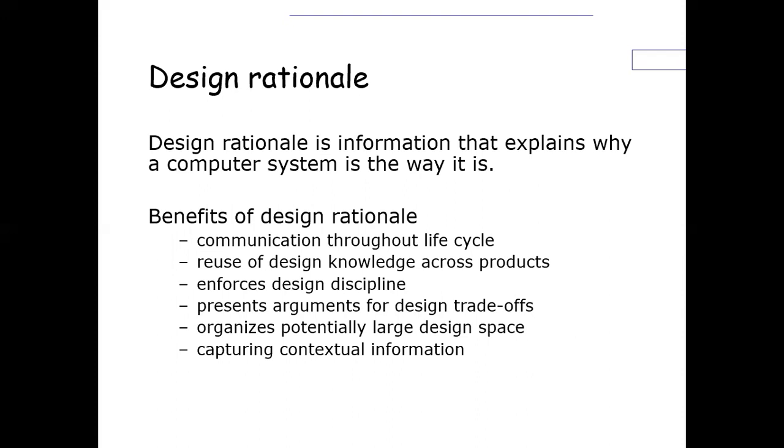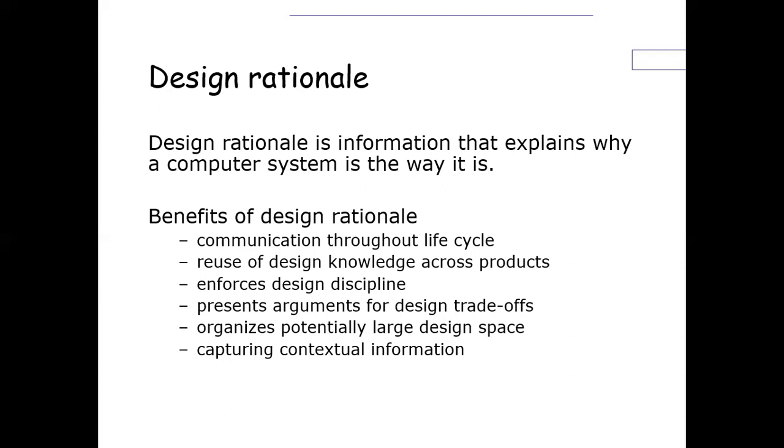The first one is communication among the members of a design team throughout the life cycle. The next one is reuse of design knowledge across products and enforcing design discipline. Next one presents arguments for design trade-offs. The next one organizes the potentially large design space. The next one captures contextual information.